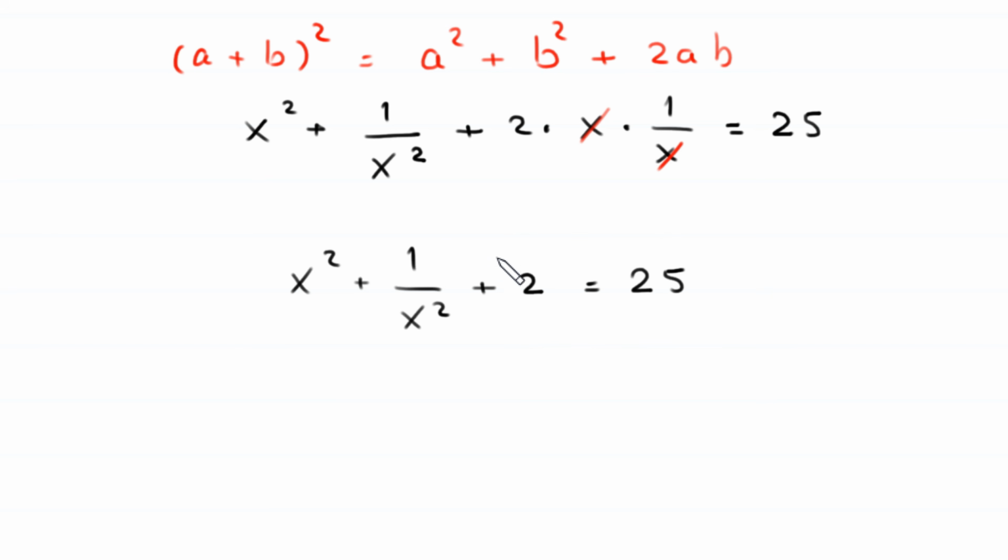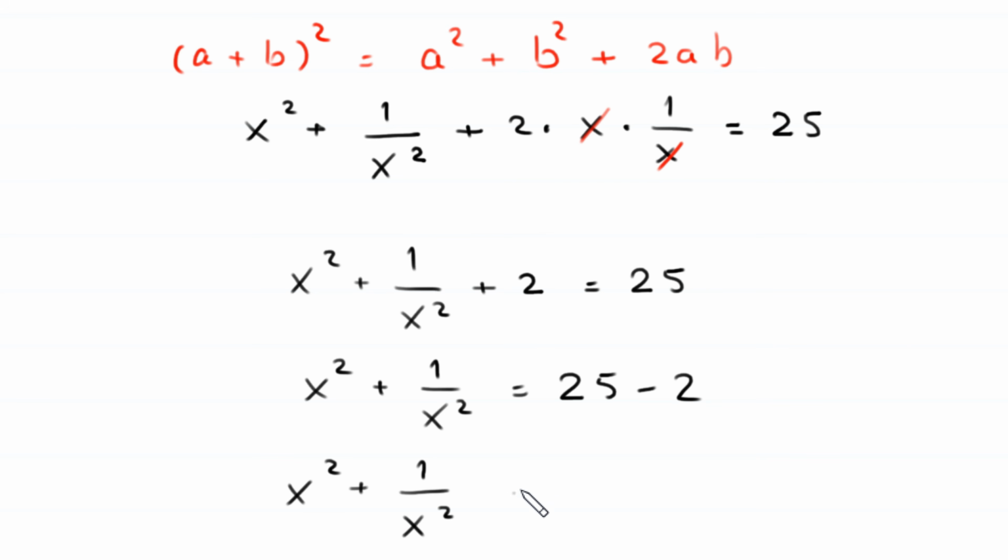Move this 2 to the right hand side. This will become x squared plus 1 over x squared equal to 25 minus 2, and this will become x squared plus 1 over x squared equal to 23.